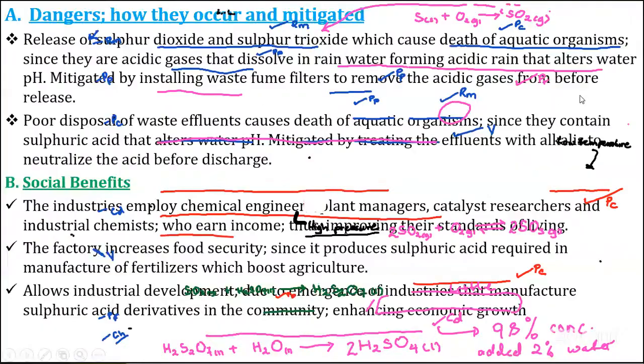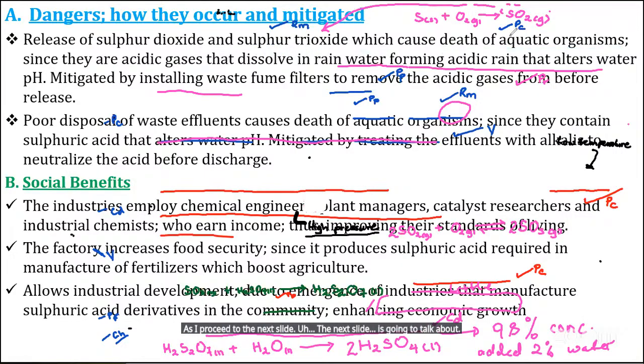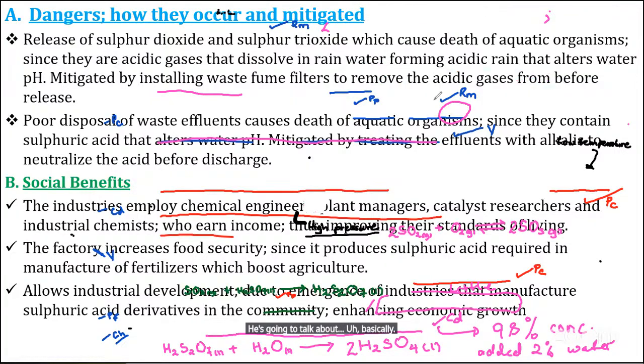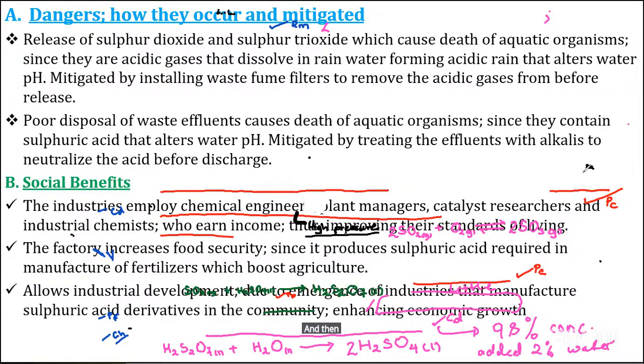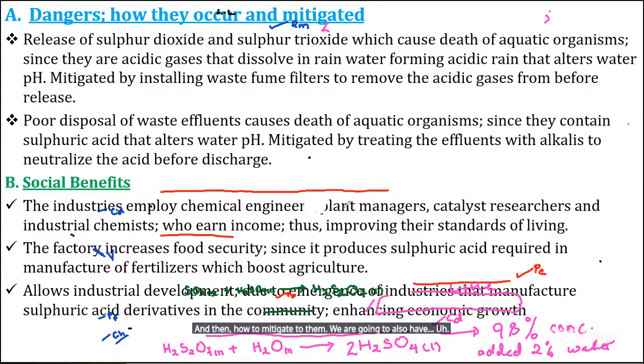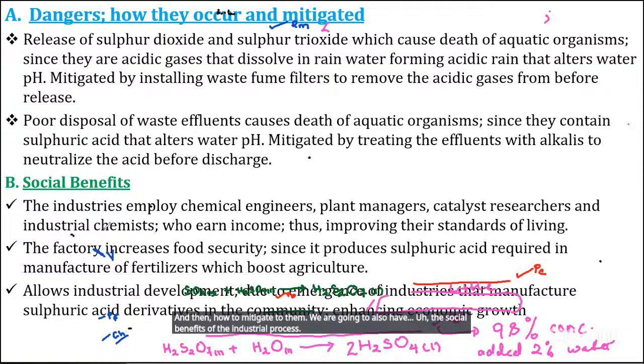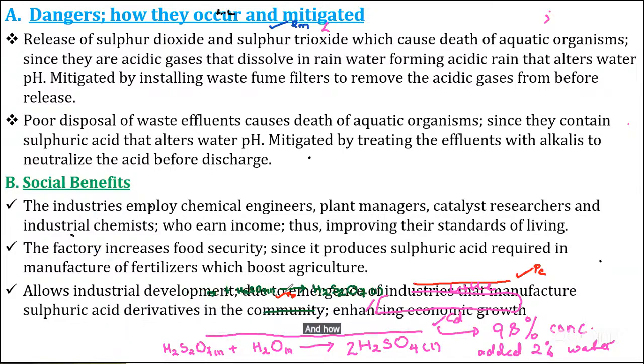As we proceed to the next slide, the next slide is going to talk about the side effects, their impact and occurrence, and then how to mitigate them. We are going to also have the social benefits of the industrial process and how we can look at them generally.